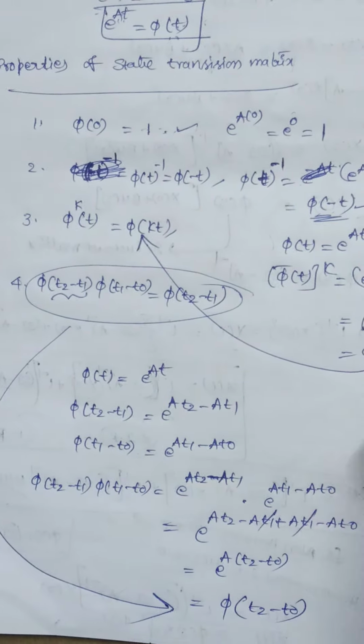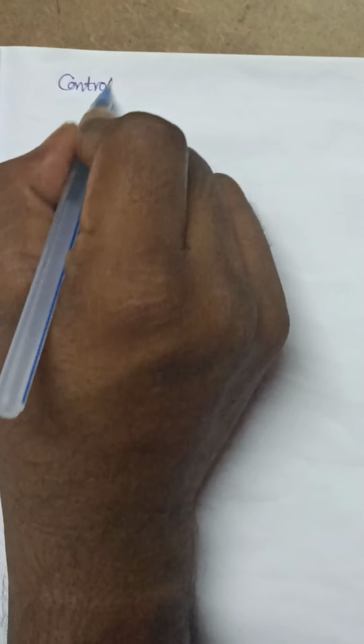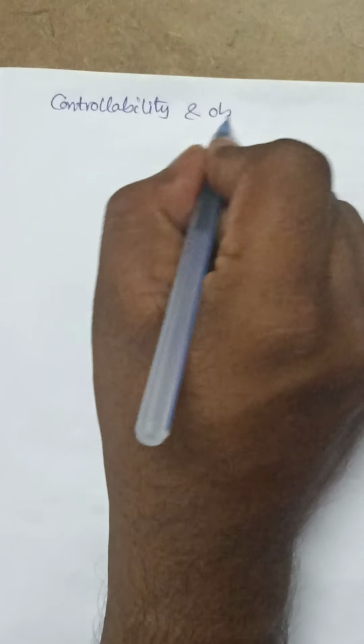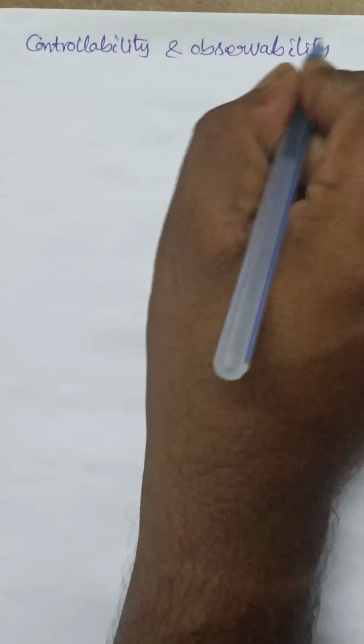So these are the properties of the state transition matrix. Then next one is controllability and observability. First one, controllability.